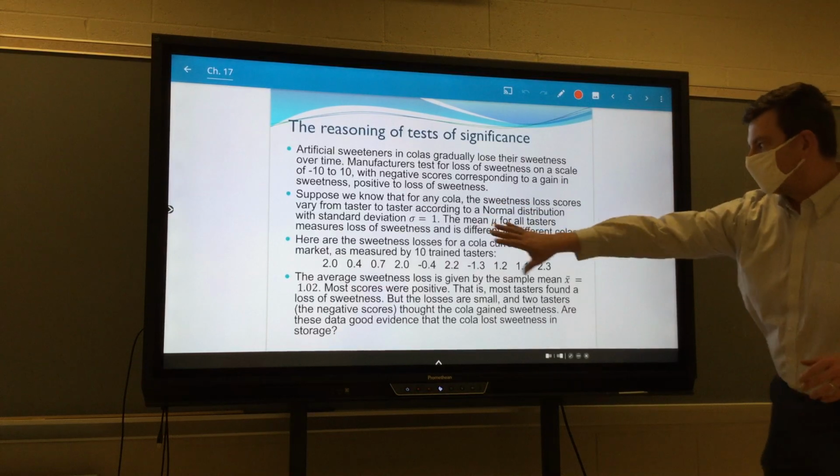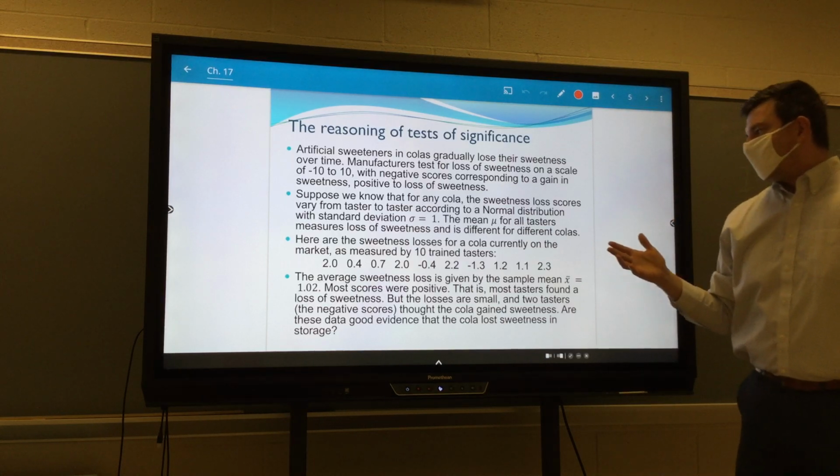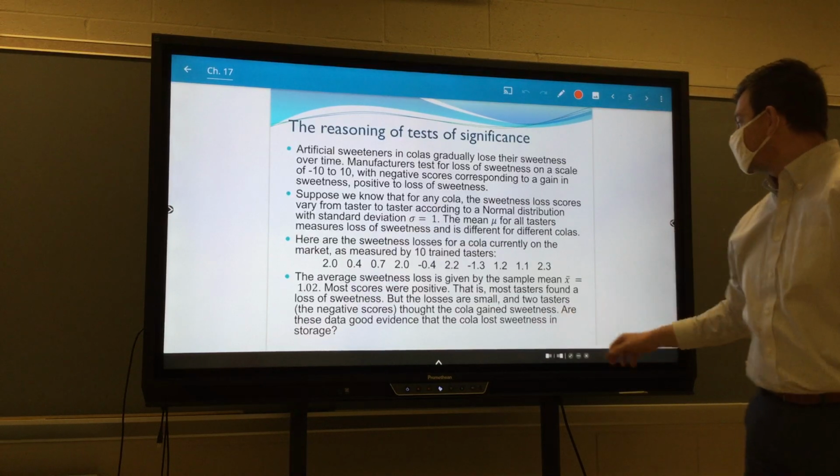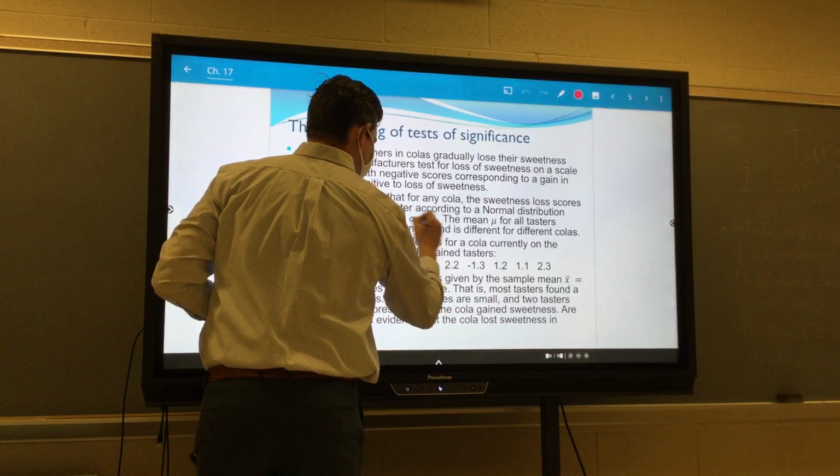Now, suppose we know that for any cola, these sweetness loss scores vary, we said, taster by taster. People's tastes vary. But they follow a normal distribution, and the standard deviation of that distribution is 1.